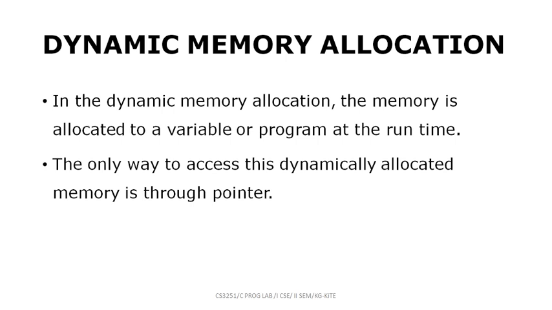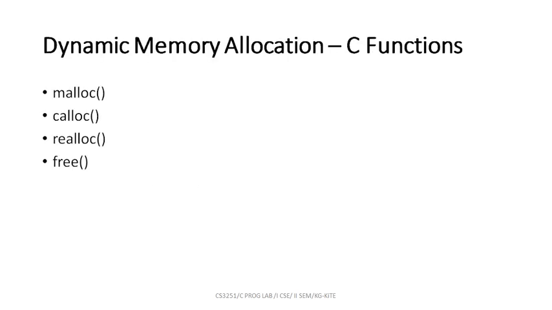In this case, memory is allocated during the runtime. How is it possible? There are four functions in the C library which help to manage memory during runtime. Dynamic means runtime: after compilation, whatever memory is needed by the program will be allocated and deallocated during its runtime. That is the meaning of dynamic memory allocation.